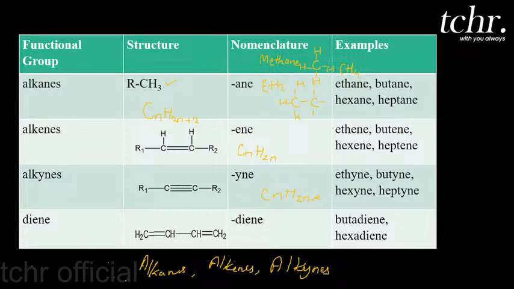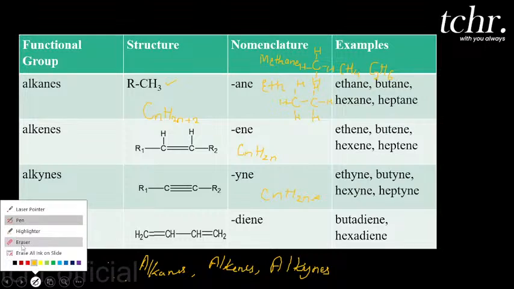Ethane will contain a total of six hydrogen atoms. So the formula for ethane will be C2H6. Is it clear? Now when I ask you what is the formula for butane, it goes on like that: methane, ethane, propane, butane, pentane, it goes on.